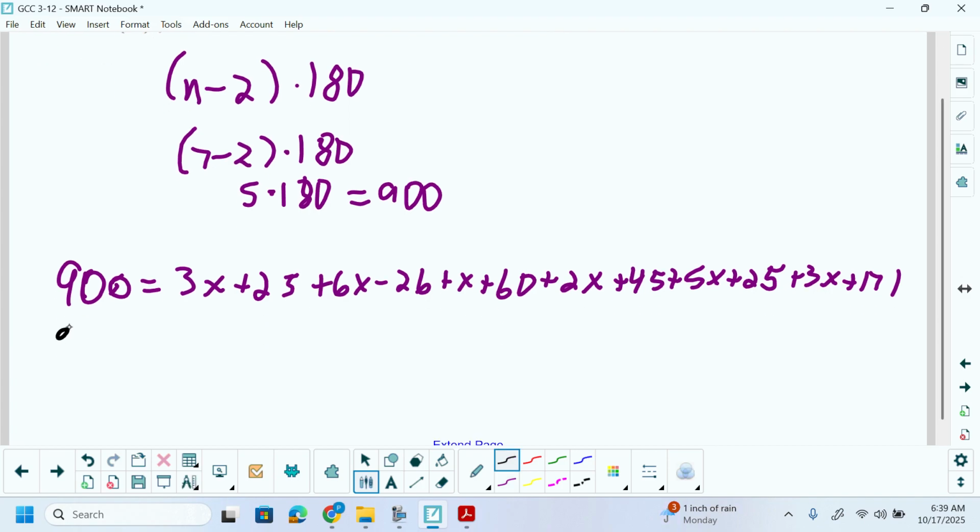So we'll have 900 equals, if we add up all of our x's, 3x and 6x gives us 9x. One more x is 10x. Plus 2x is 12x. Plus 5x is 17x. Plus 3x is 20x.